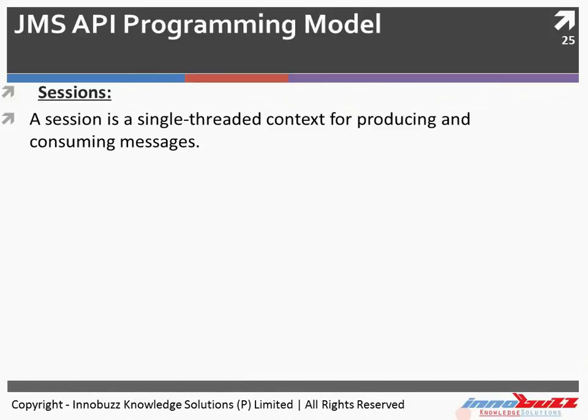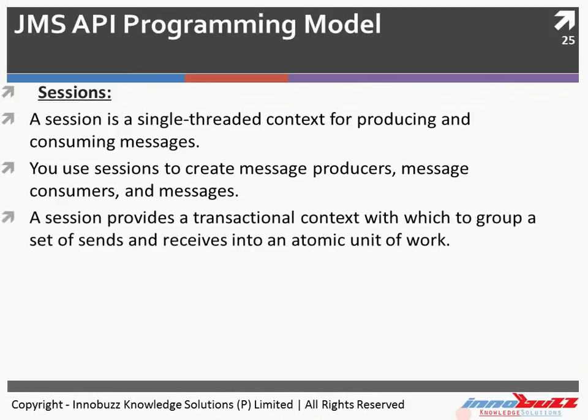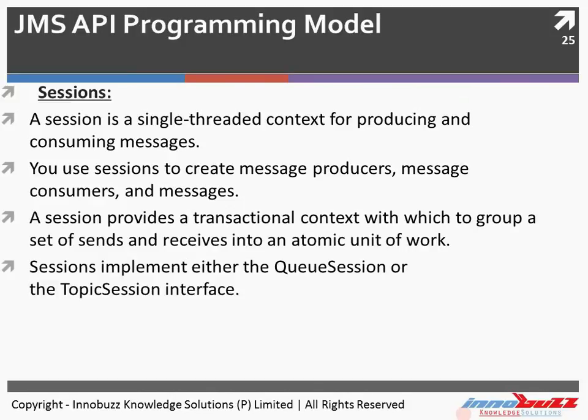Now sessions. A session is a single-threaded context for producing and consuming messages. You use sessions to create message producers, message consumers, and messages. A session provides a transactional context with which to group a set of sends and receives into an atomic unit of work. Sessions implement either the queue session or the topic session interface.